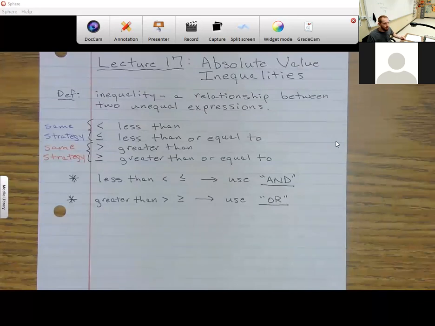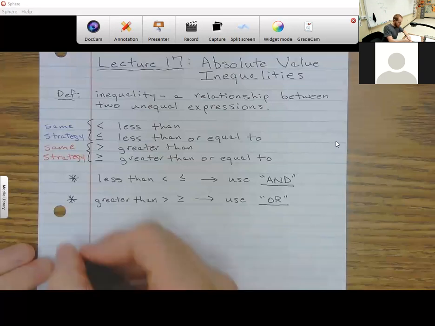All right. So the next thing I want to talk about is how we're going to write our solutions. So when we talked about equations on Monday, notice how we kept the left side the same, but the right side is going to switch signs. So we had it set equal to a positive number. And then the second solution was when we set it equal to a negative number, right? Well, we kind of got the same strategy going on for these. We're going to have a first solution, and we're always going to have a second solution.